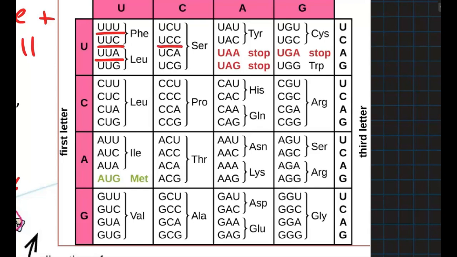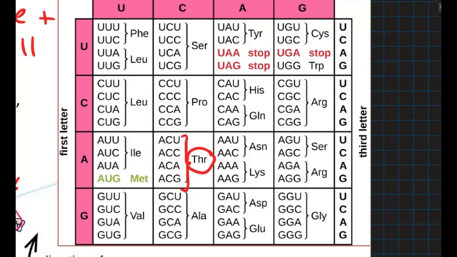So codon UCC means it's serine. Not histidine, not proline, not leucine, serine. So if you take any codon, you can assign a single amino acid to it. Make sense?